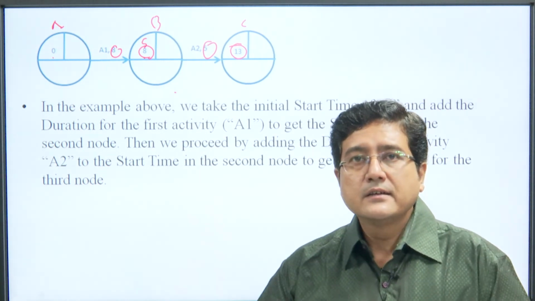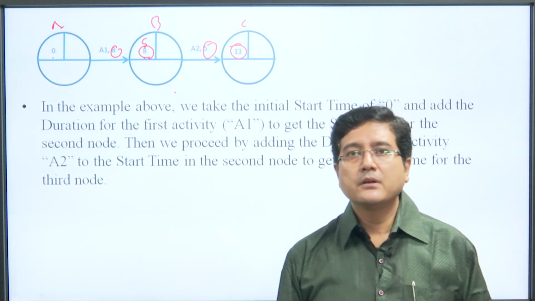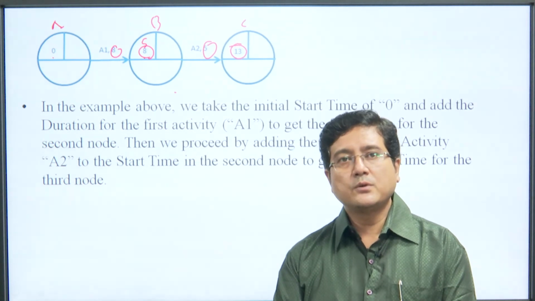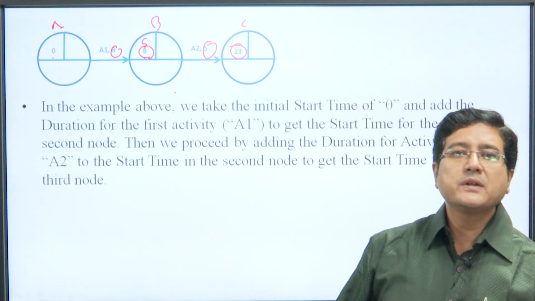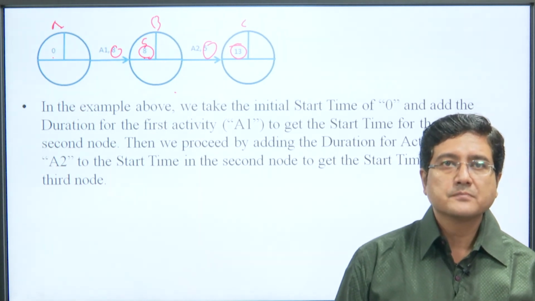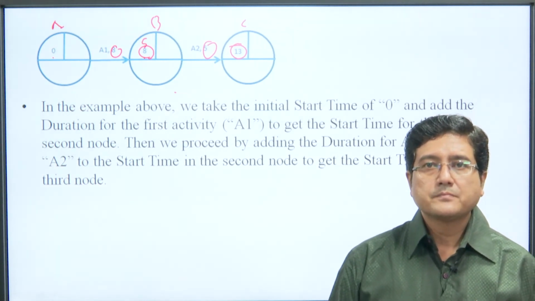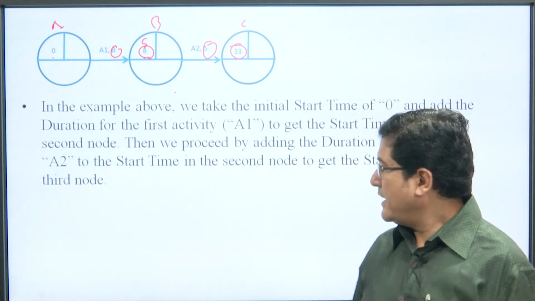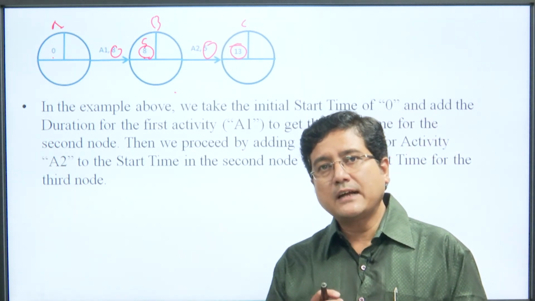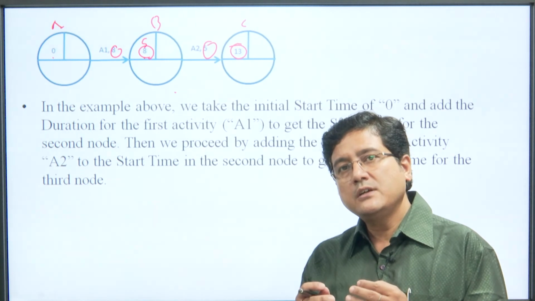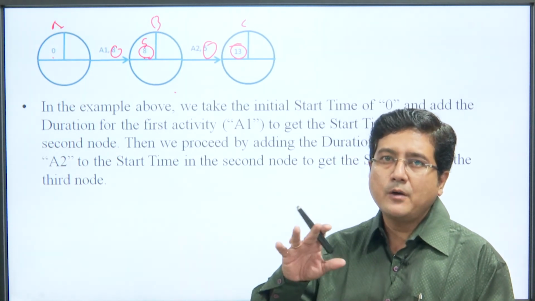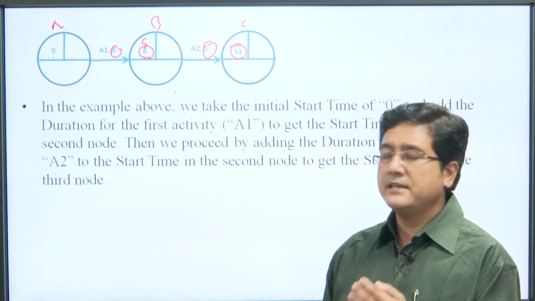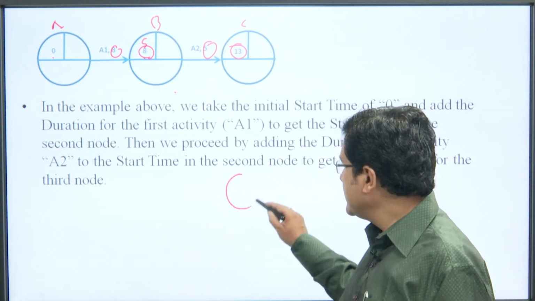So, we get the start time for the second node, and then we process by adding the duration of the activity. Clear? So, when any activity is started, we add the duration to get a clear picture of how much time is taken for the next activity.